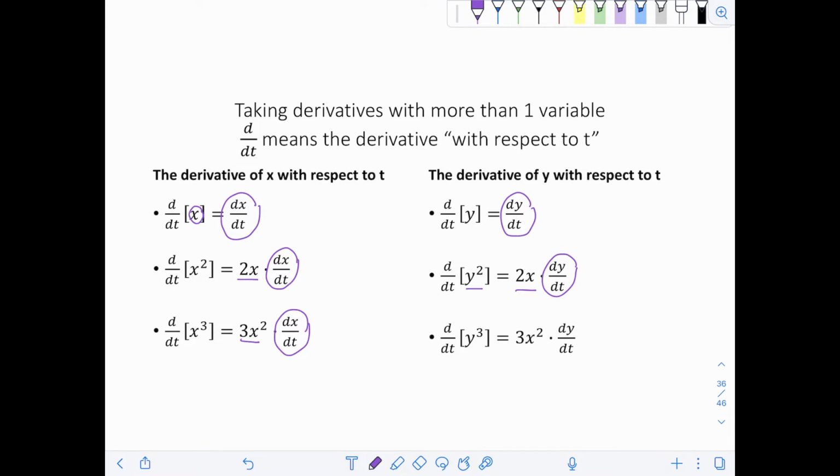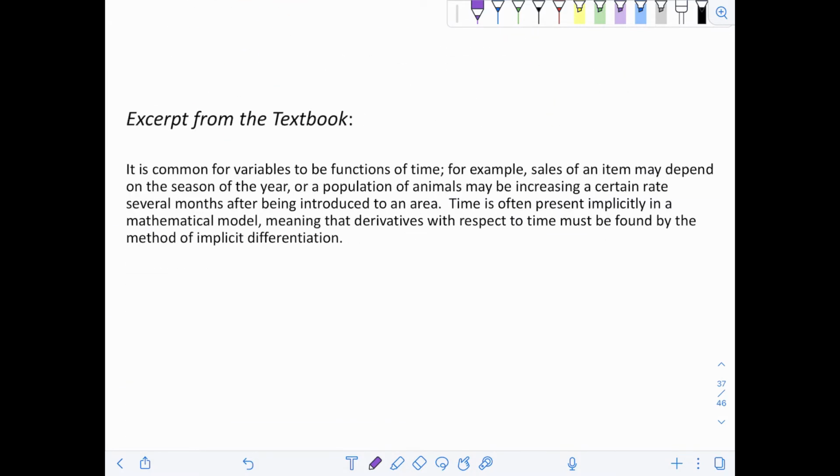So taking the derivative here should be very similar to what you were doing in section 6.4. But now we actually have to do that process for both x and y. Here's actually an excerpt from the textbook. It says, "It is common for variables to be functions of time. For example, sales of an item may depend on the season of the year.